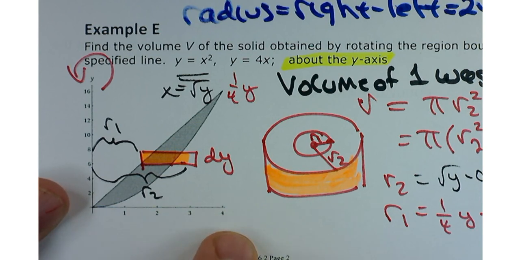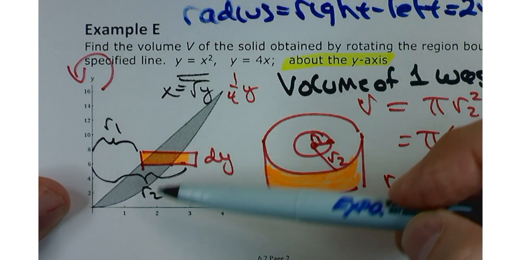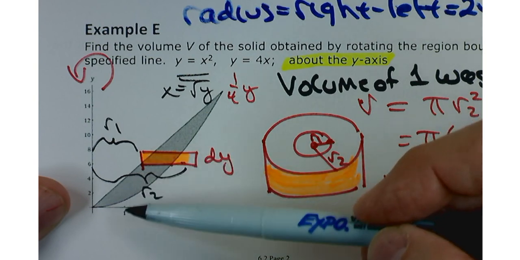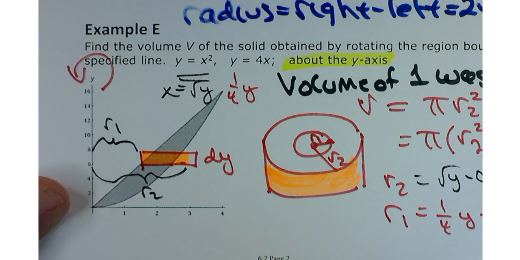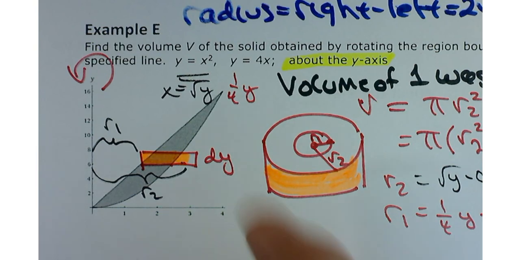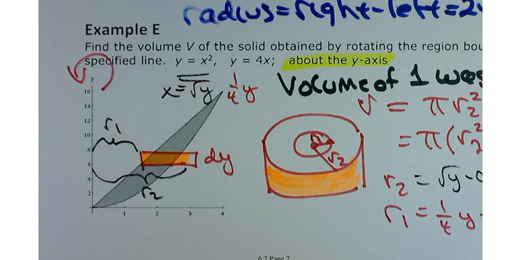We want to know where y can vary between. So the lowest that this could be and still be in this shaded region would be y equals 0. What's the top? 16. If you didn't have a nice graph, how would you solve for where that y limit exists?